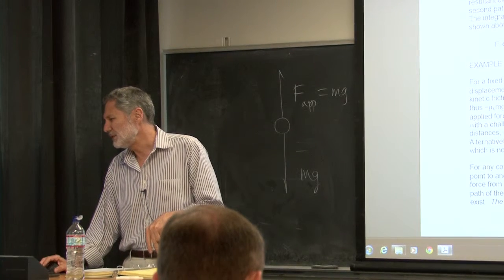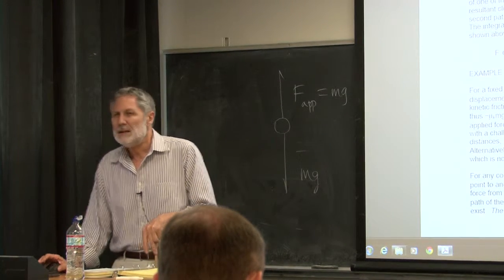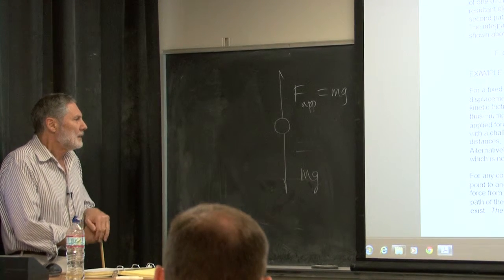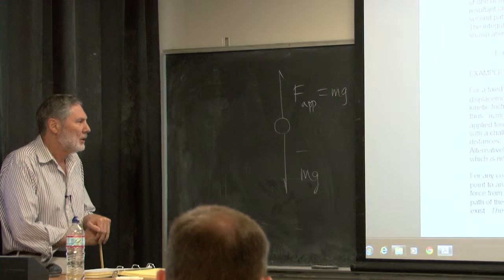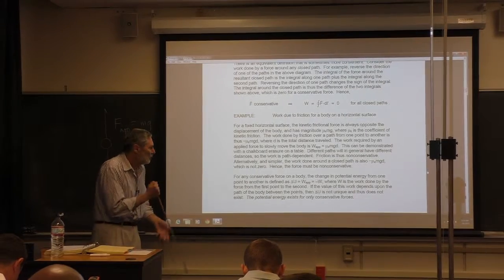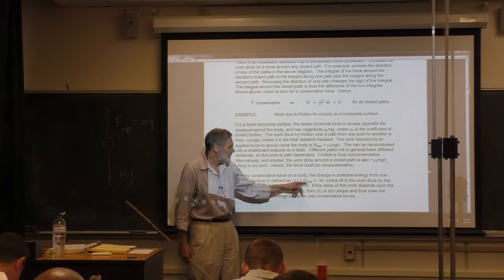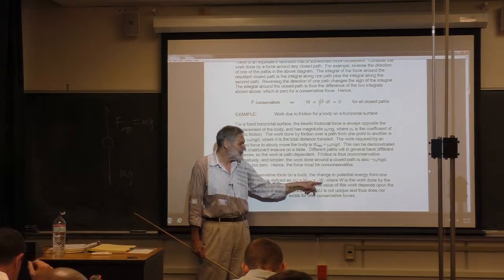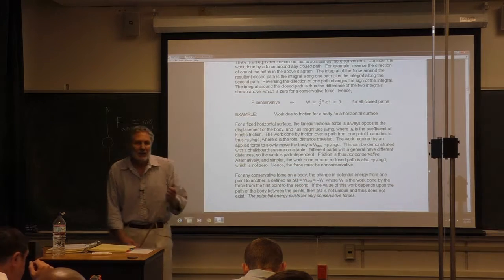Any questions so far or comments? So you can see one reason why this is important. We've defined potential energy as the work done by the applied force when you slowly move it, which is minus the work done by the force.